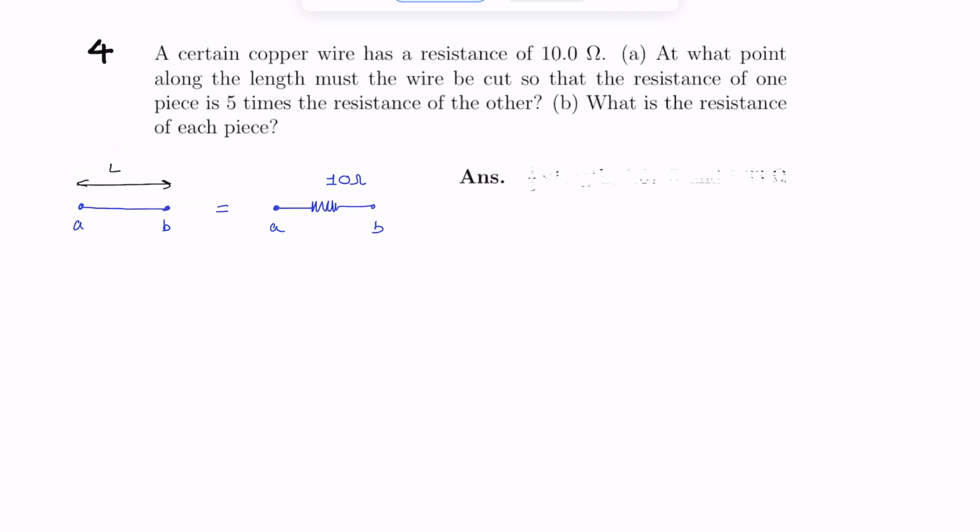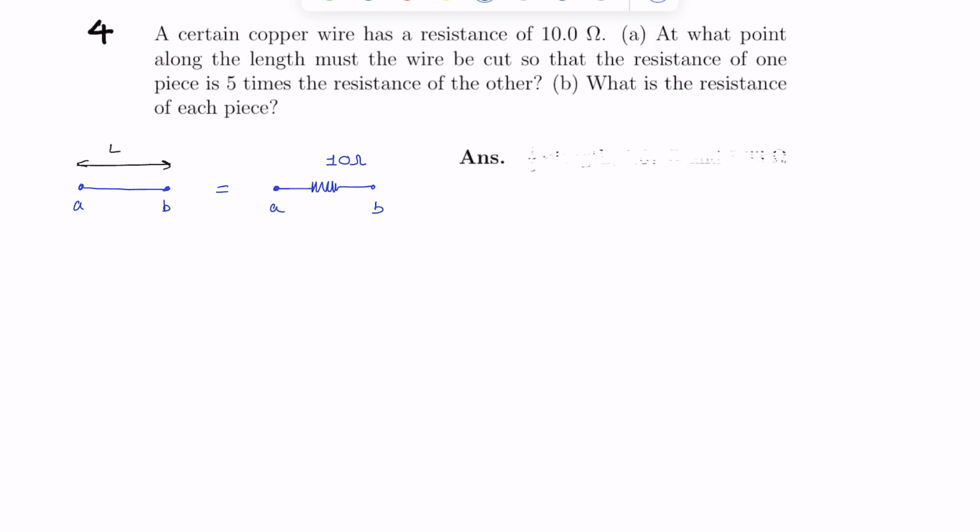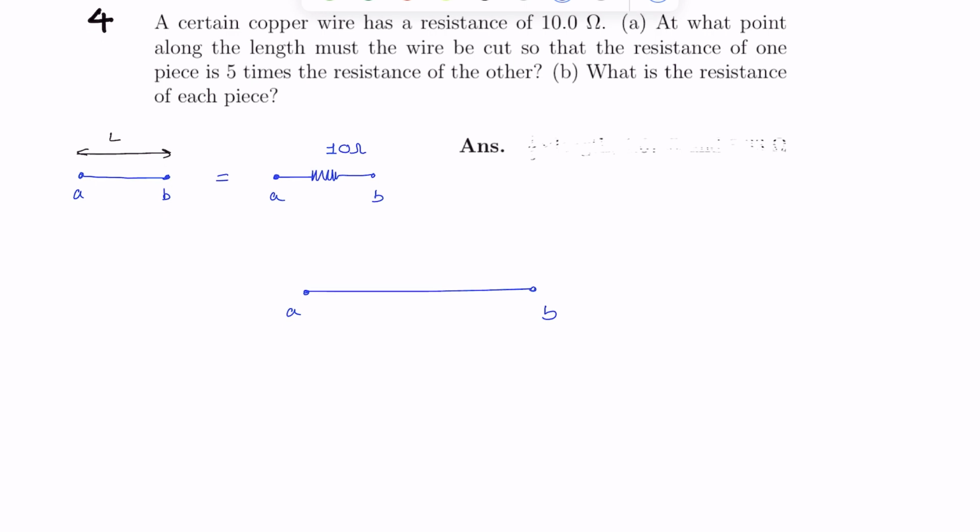This wire is here, A to B. Let's say that its length is capital L. The question is asking you to imagine cutting this wire into 2 pieces, where one piece is 5 times the other. So I'm going to call this length small l, and then this length will be L minus small l.